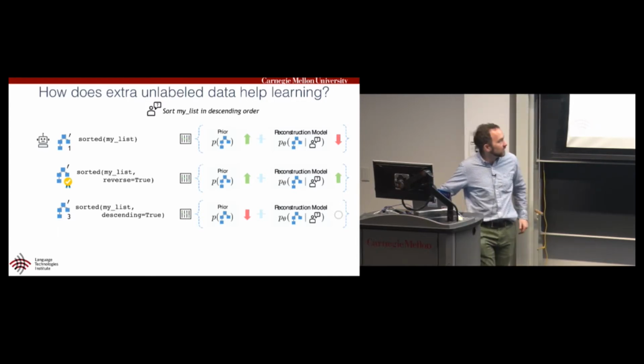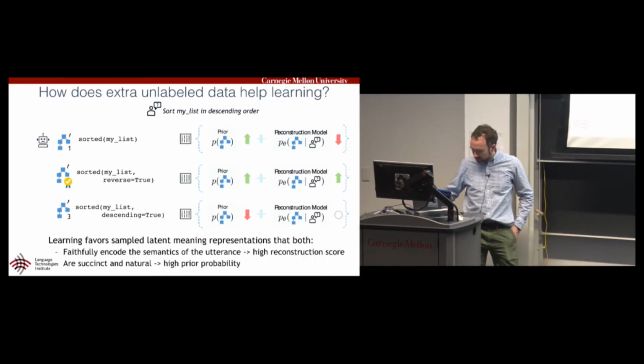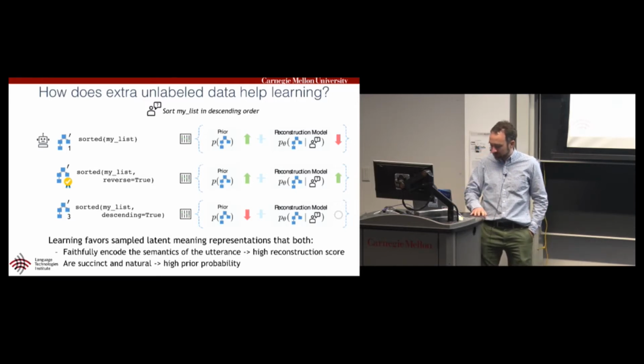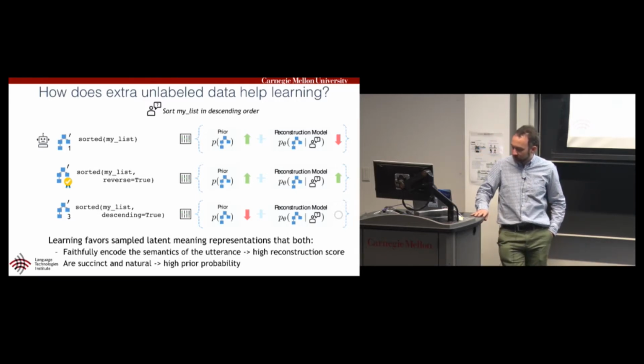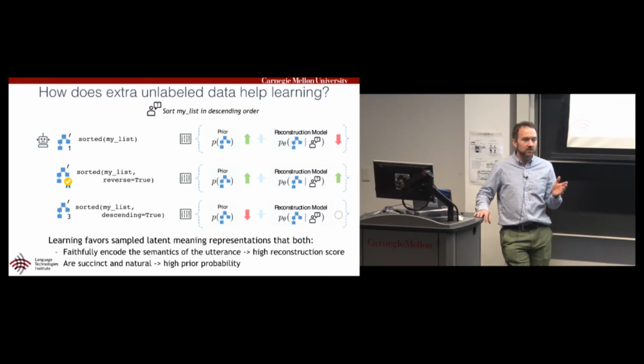So you can see that basically the learning signal will favor sampled latent meaning representations that both faithfully encode the semantics of the original utterance and get a high reconstruction score, and are succinct and natural and get a high prior probability. Is this clear, or any questions?